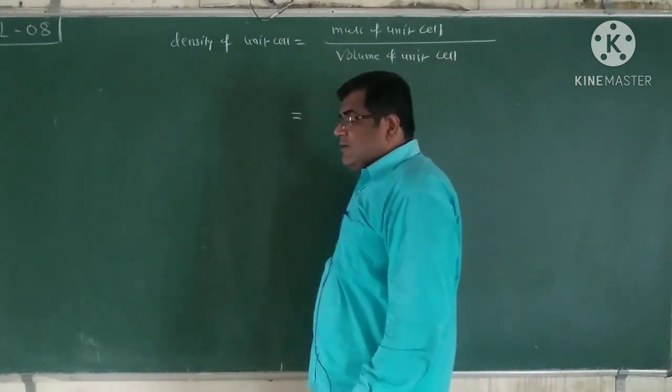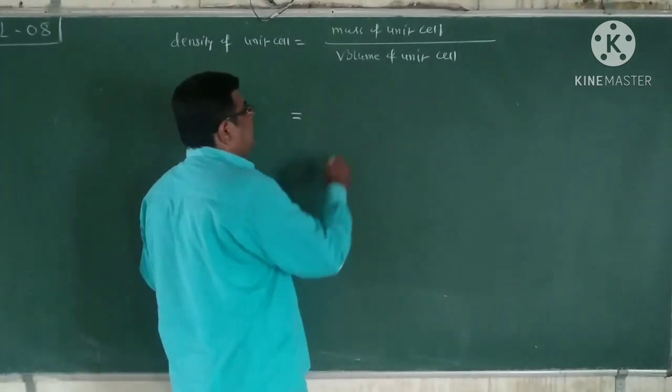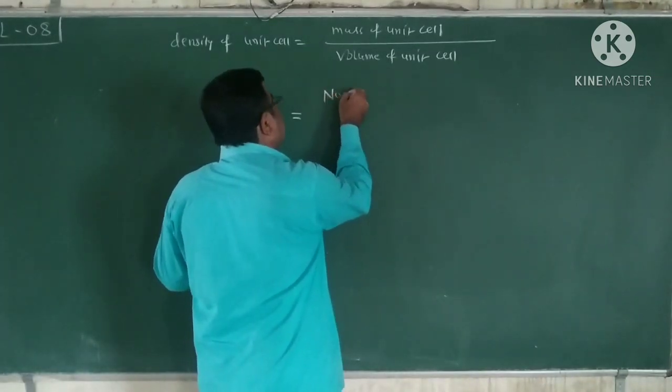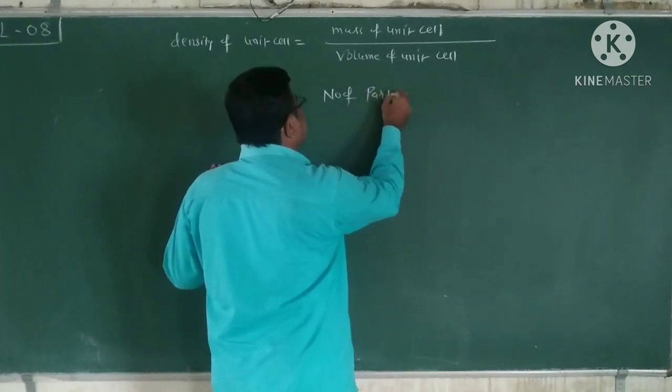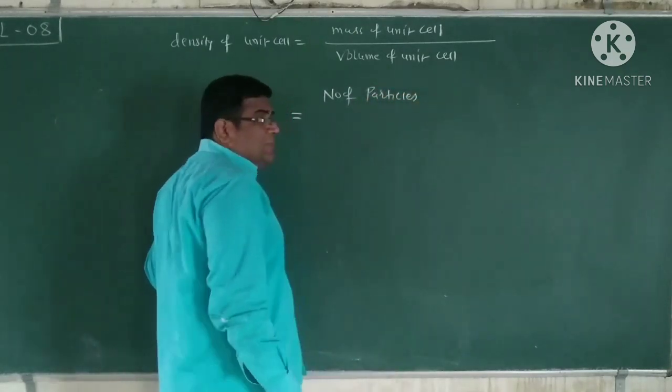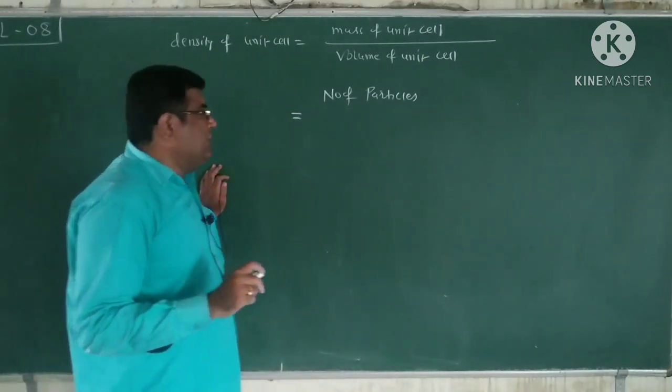Now what is the mass of unit cell? Mass of unit cell is nothing but number of particles, which may be, again I am specifying, atoms, ions or molecules.